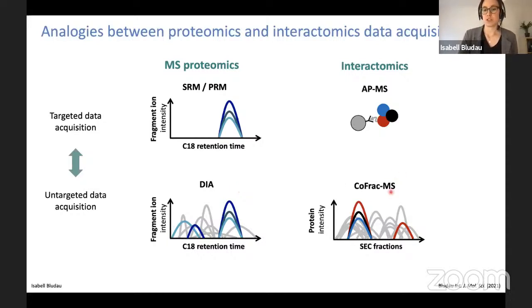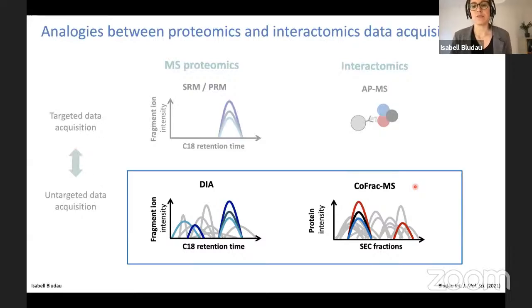In co-fractionation MS, on the interactomics side, this is actually very similar. We do the data acquisition for the entire cell together, and conceptually, you will get protein intensity profiles for all the proteins that you can detect.